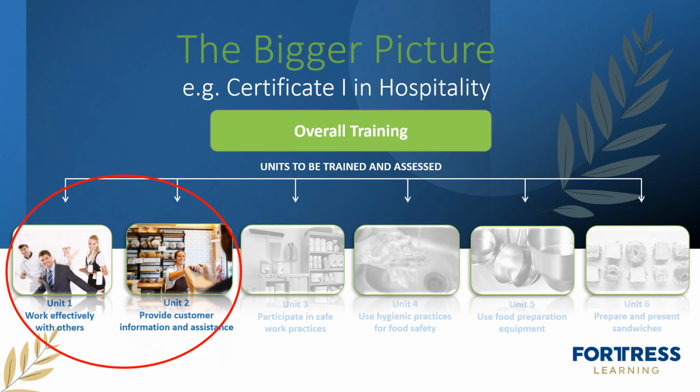For example, where Unit 1 and Unit 2 may have similar or crossover content, the requirements of these units may be incorporated into one learning program. It is fair to say that both Unit 1 and Unit 2 reflect interpersonal working relationships and could well be integrated into one learning program.